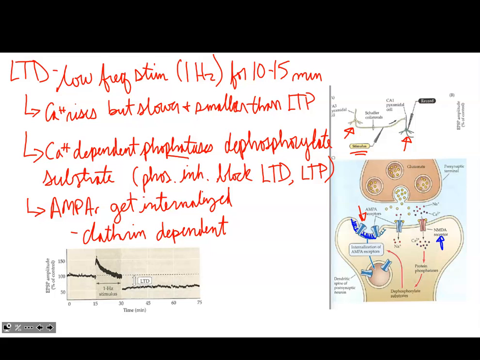And like I said, we think that this is a phosphatase-dependent process. So if you follow the pathway, protein phosphatases that respond to slow changes in calcium tend to dephosphorylate substrates. And again, we don't have all of the details of this pathway worked out, but the result is AMPA receptors that have been taken in, okay?